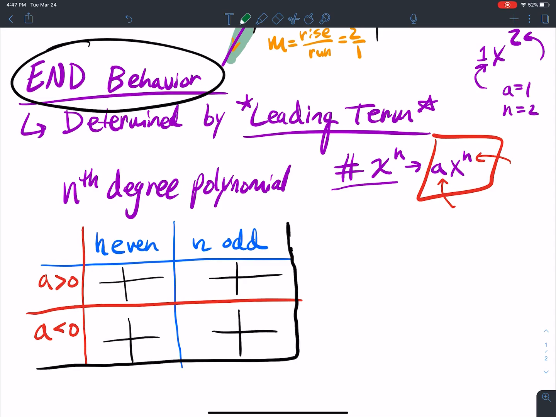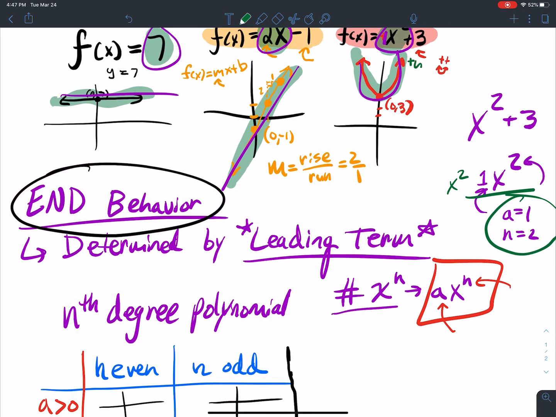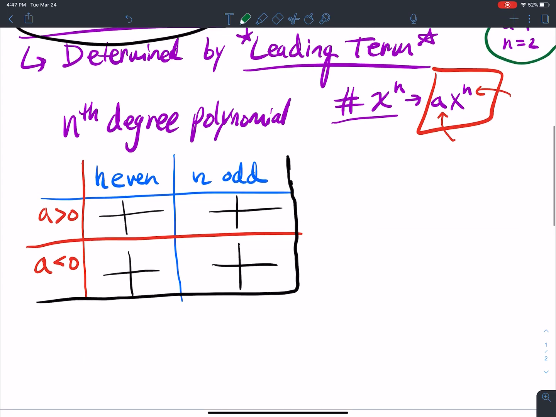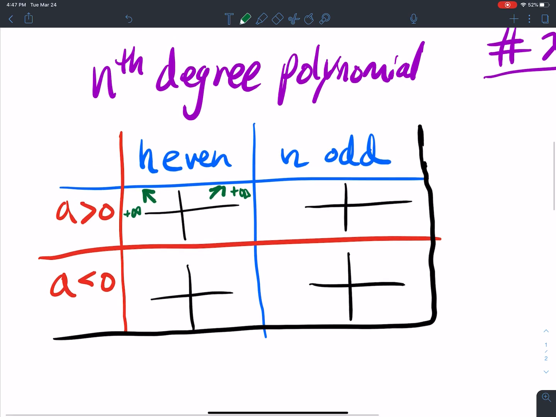That would be like this scenario we just had here. That'd be an x squared term. How does the x squared look? Well, it looks like the end behavior, both sides are going up to positive infinity. So the end behavior, positive infinity on both sides.